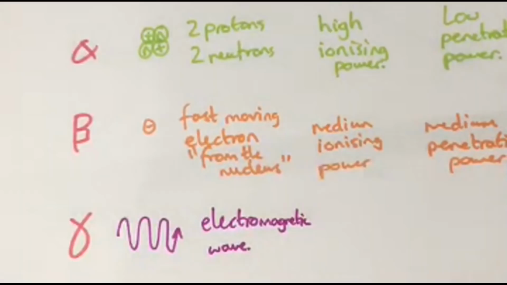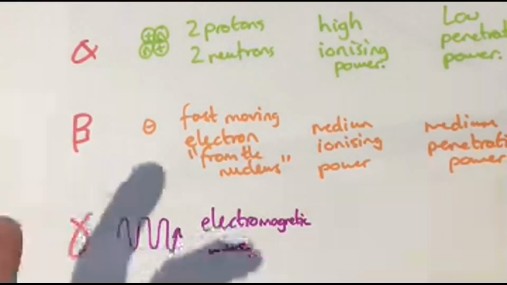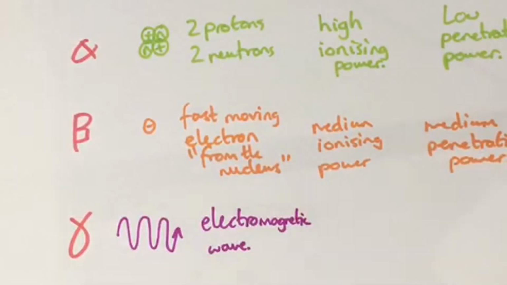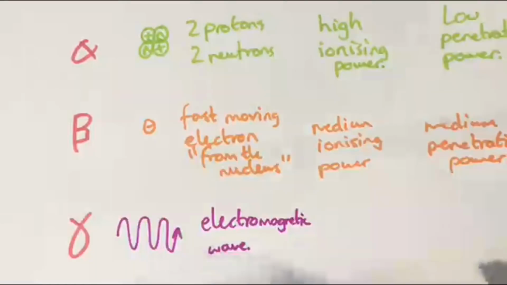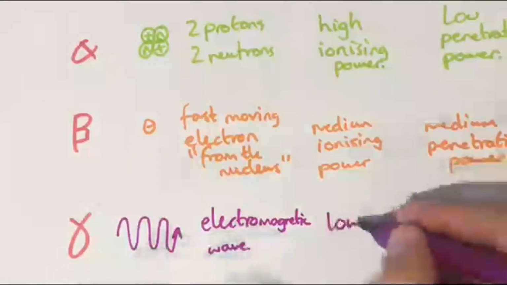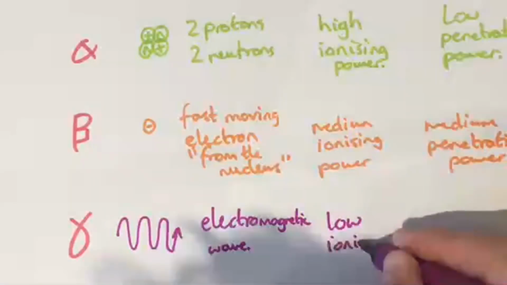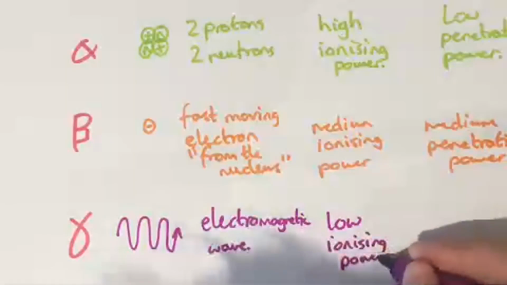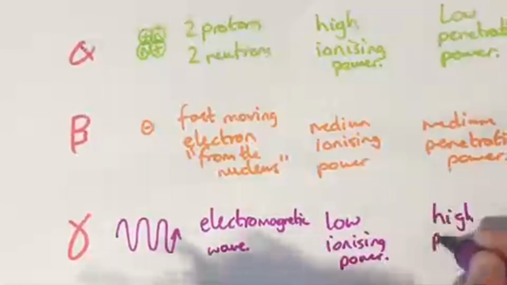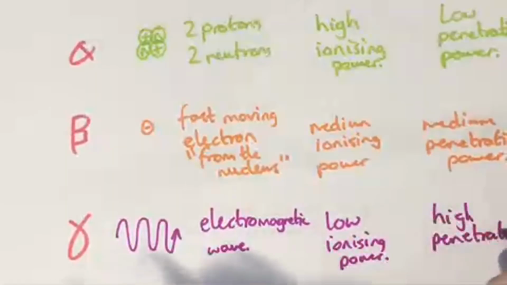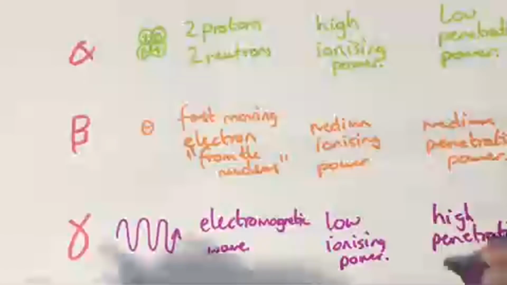There's a lot of crossover. There's not much higher only, just a little bit more difficult equation stuff. Now, this has a very low ionizing power because it's just a wave, but it's got stupendously large, high penetration power. What that means is it is really difficult to stop.